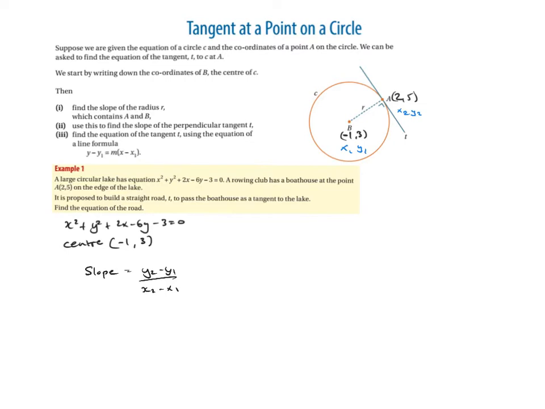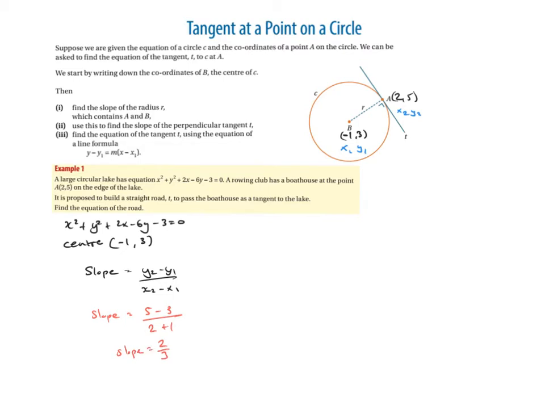So my slope m is equal to y2, which is 5, minus y1, which is 3, over x2, which is 2, minus x1, which is minus 1, which is the same as 2 plus 1 here. So we end up with the slope being 5 minus 3, which is 2, over 2 plus 1, which is 3. So the slope here is equal to 2/3.